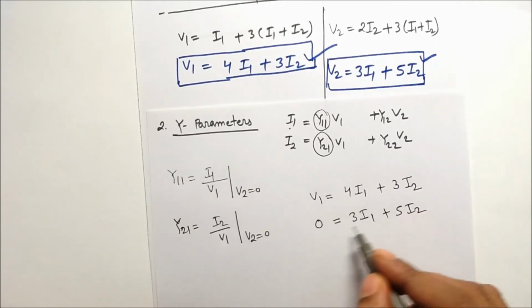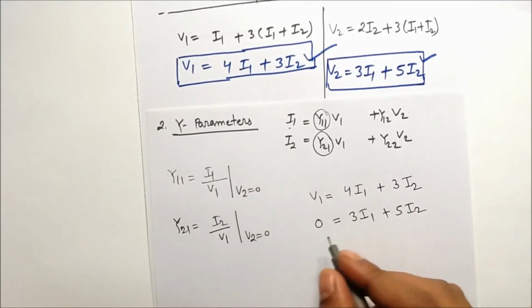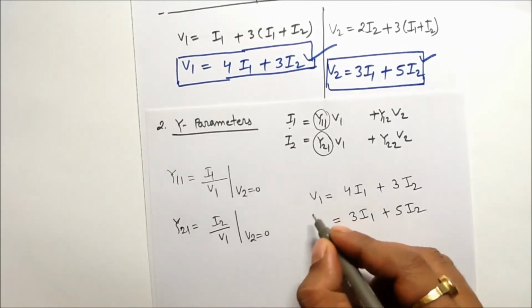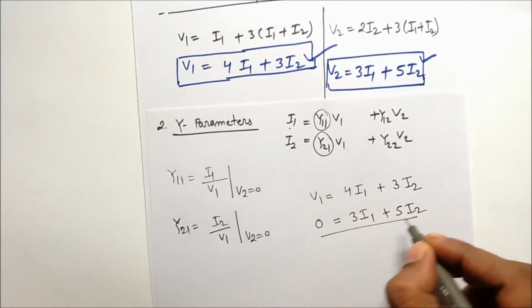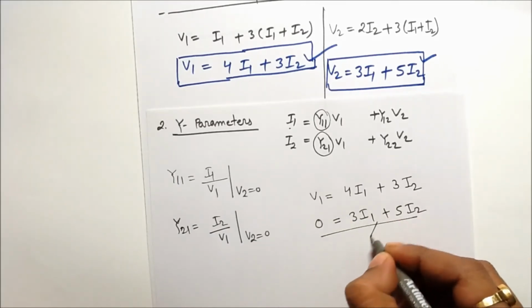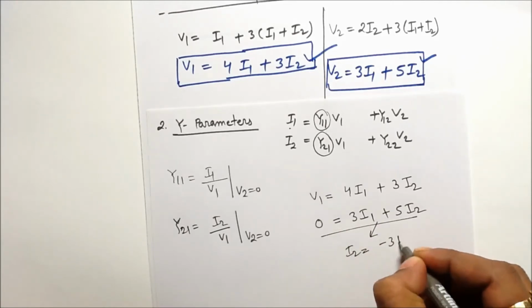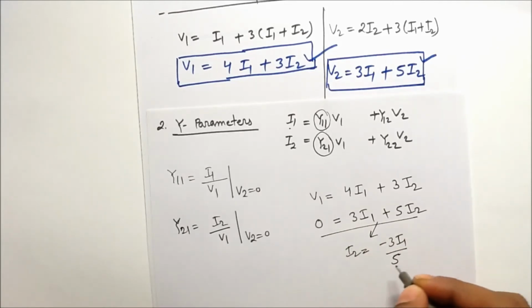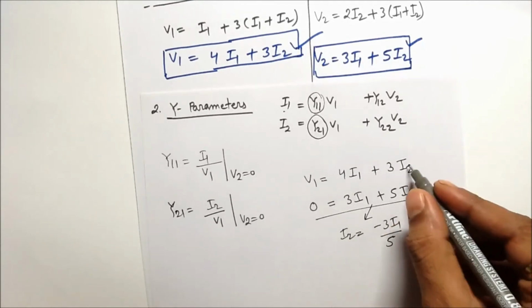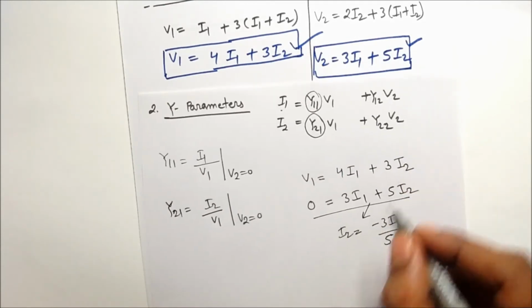You have to solve these two equations. So find out the value of I2. I2 equals minus 3I1 upon 5, and put the value of I2 at this place.